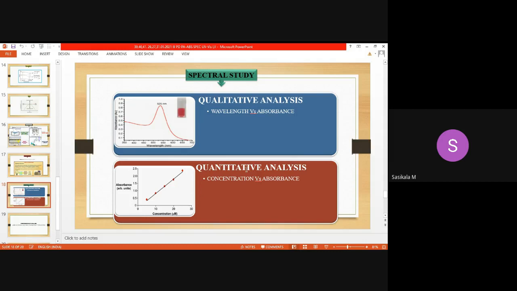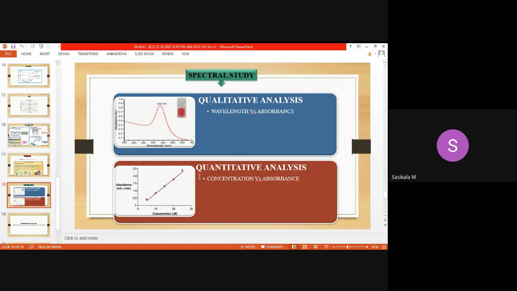Next, about quantitative analysis. Once you fix the lambda max as 525, at 525 you can prepare different concentrations of the same sample, serially increasing concentrations, and you can plot the linear curve. This linear curve shows concentration on the x-axis and absorbance on the y-axis, and you will get the standard curve, the calibration curve.